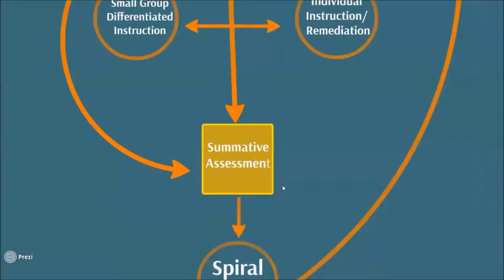Every time that I give a summative assessment, next to every individual problem in the teacher's manual, they list exactly what Common Core State Standard that question is tied to. And so I can point to any question or entire test, and I can tell you exactly what Common Core State Standard it's asking about, or what it's testing to see if the students know.